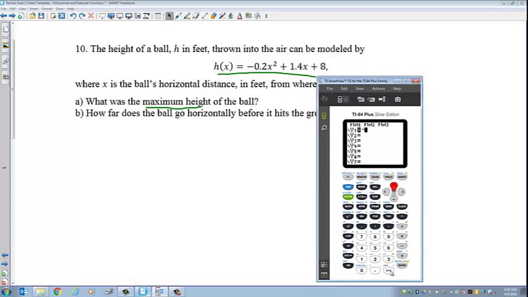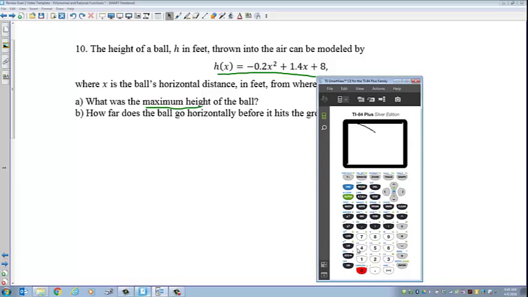So here you have negative 0.2 x raised to the 2, plus 1.4x, plus 8. And we'll make our window go from 0, and let's try 100 feet first to see what that does. And then do zoom fit.